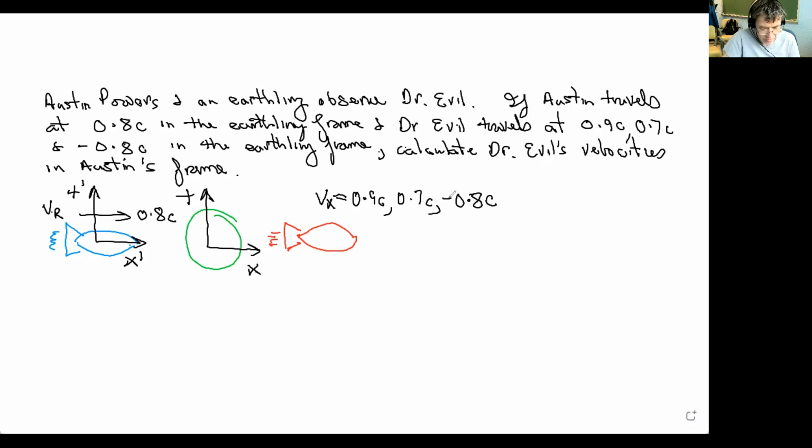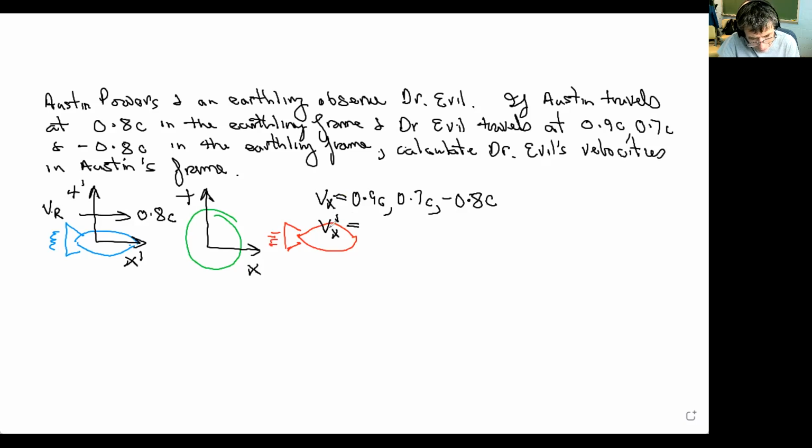That minus sign means towards the left. He's reversed his direction. What we've got to do in this problem is calculate the corresponding velocities seen by Austin Powers in his reference frame, in his spaceship.